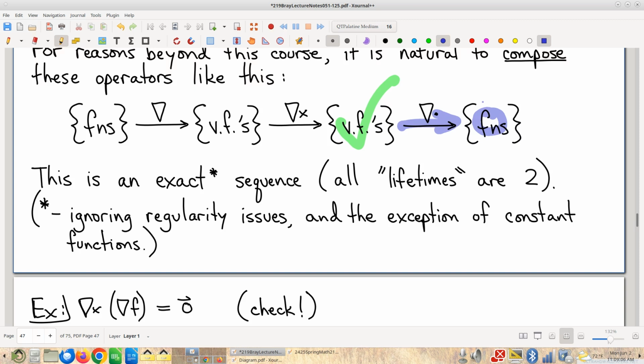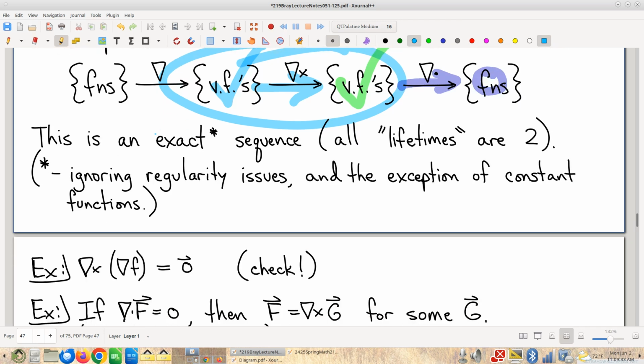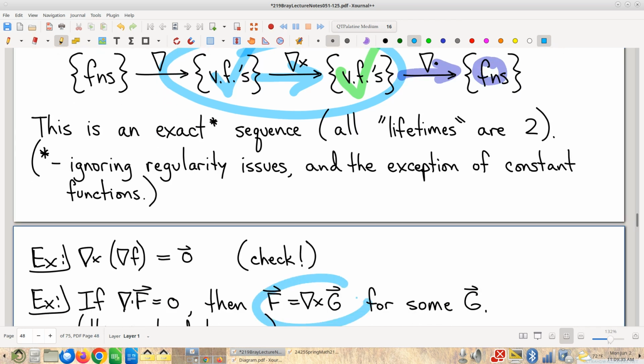We have written here, all lifetimes are 2, which means if this was death, then this must have been the survival, which means it must have been born here. Which means, said differently, that vector field that I started with, this vector field whose divergence is 0, must be the curl of some other vector field. Now, you can write all these things down, and that's what I have here. So if the divergence is 0, then it must be a curl.